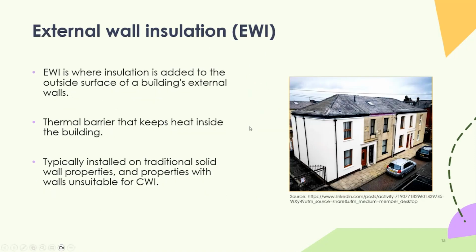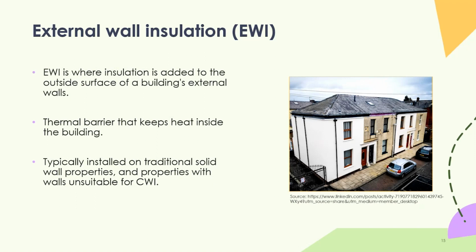EWI, or external wall insulation. What we're talking about here is where you're attaching a layer of insulation material to the external wall of the house. It would be a kind of graphite polystyrene board, or it could be a system which includes maybe a mineral wool, something like a rock wool material.